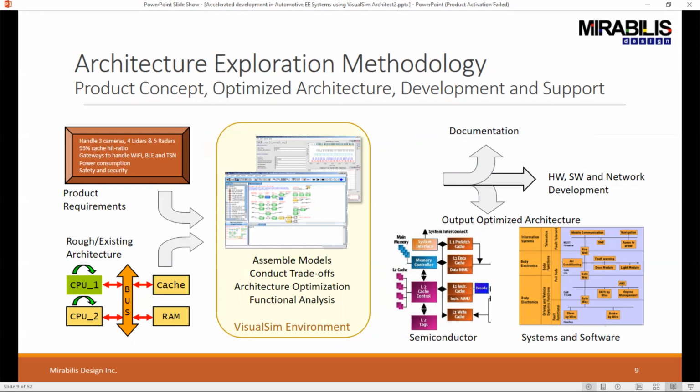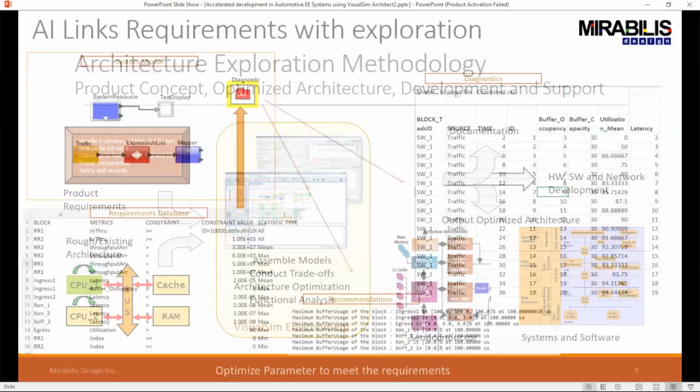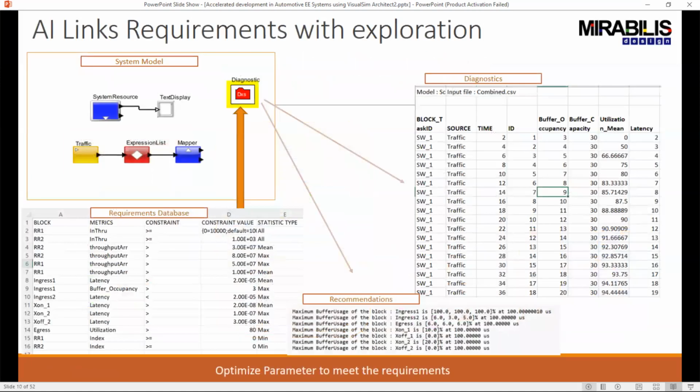And then we assemble them all together in our environment, and then we run different simulations on it. The results from those simulations are then taken in and used to optimize, and then we run again. So this becomes a closed loop approach. All of these requirements are linked with our architecture exploration using our AI enhanced diagnostic block.